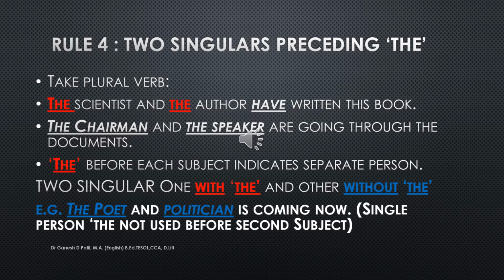The poet means a person and politician means the same person, meaning poet and politician is the same person here. But if we use the before politician also, it means two separate persons. So the poet and politician is the same person, and therefore after this kind of subject we use a singular verb. For example, the poet and politician is coming now.